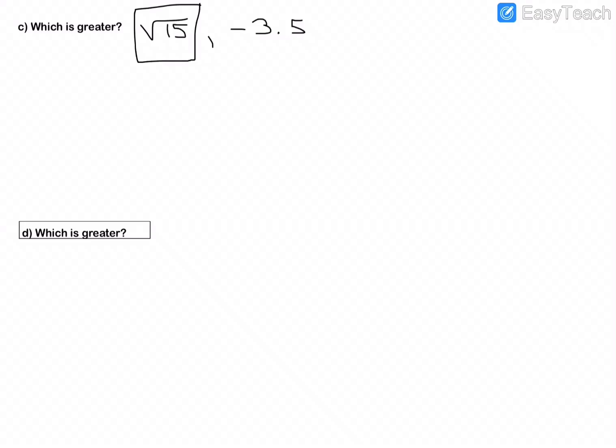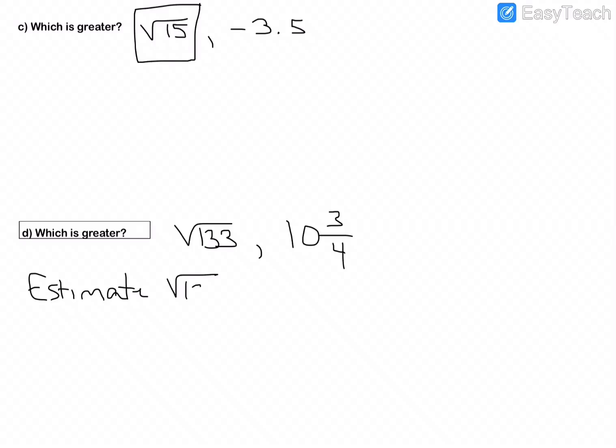So, which is greater for D? Square root of 133 or 10 3/4? Let's estimate the square root of 133. Well, we know that 12 squared is 144, so that's greater than 133.